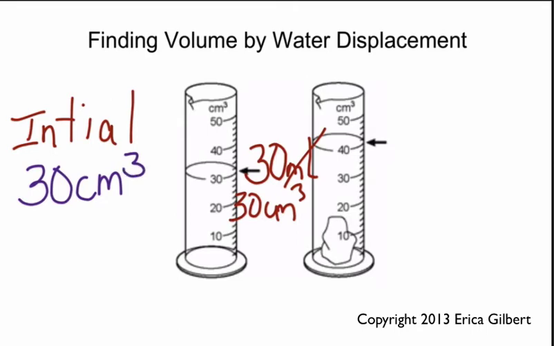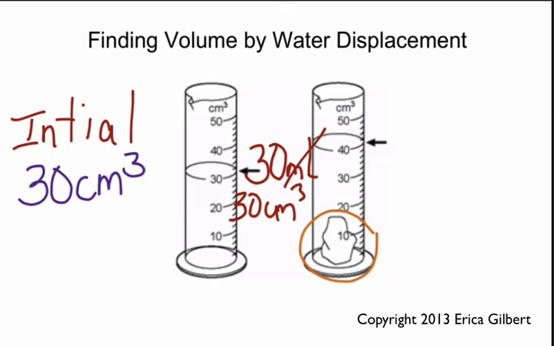Now, once we actually place our object, and so our object here would be a rock, we will place the rock inside of the water, and so we would basically tilt it and then let it slide into the water, because we don't want to lose any of the liquid that we've already put into the graduated cylinder, because then it will throw our calculations off.